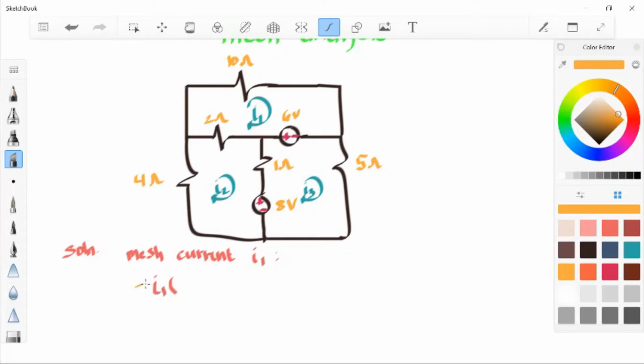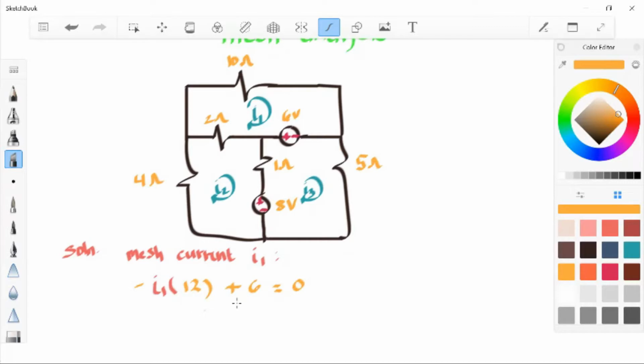Therefore, this would be negative. That is 2 plus 10, that is 12 ohms. And as you can see, when the mesh current I1 enters the 6 volt, it will leave at the positive polarity. Therefore, we will be having a 6 right there, and we equate it to 0.